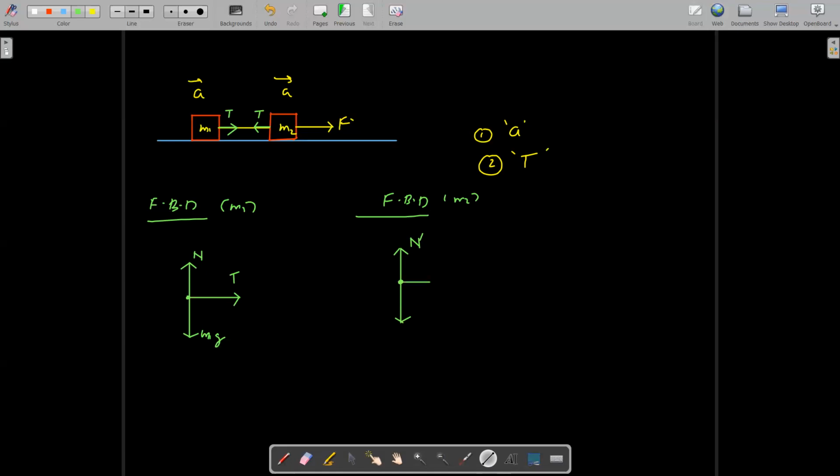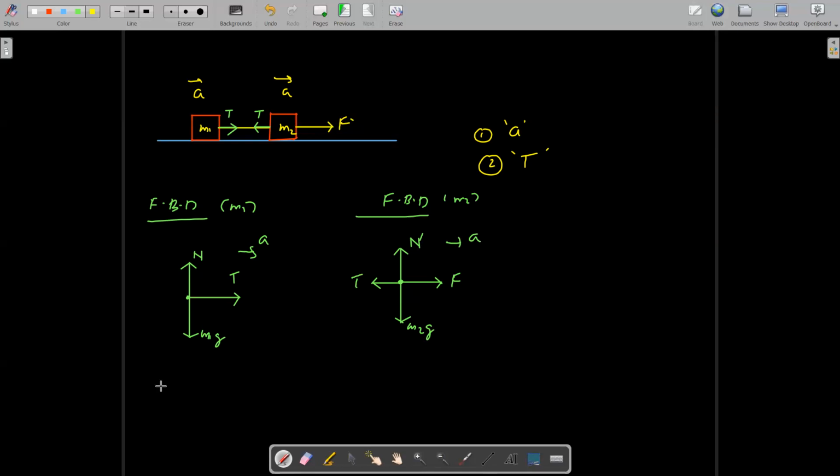And there is a force applied in this direction, and T is acting in this direction. So denoting the forces, we have M2G acting downwards, N dash upwards, F in this direction, and T in this direction. Obviously we know that the acceleration is in this direction, which will be taken as the positive direction. The acceleration of the body is in the x direction.